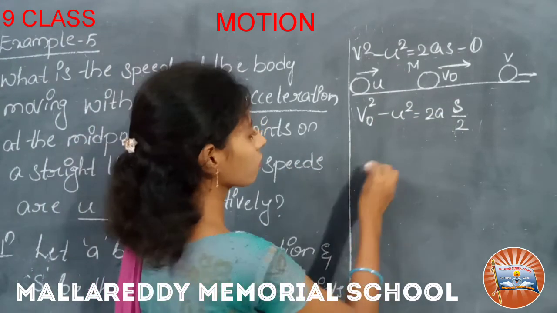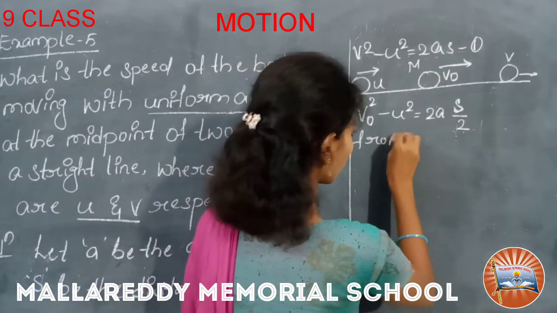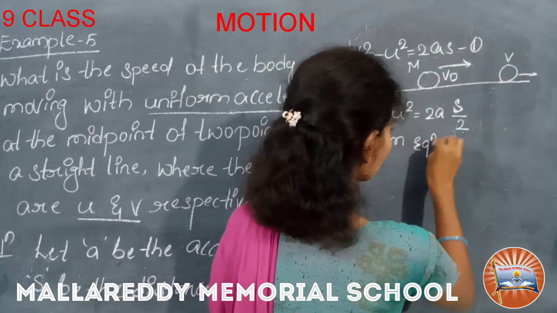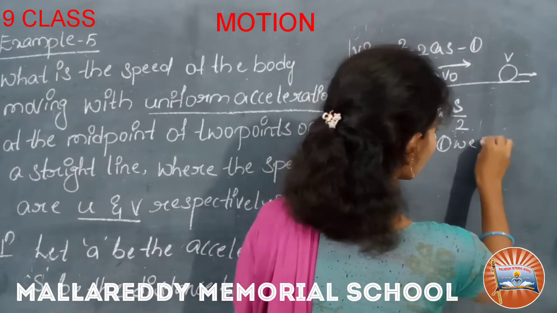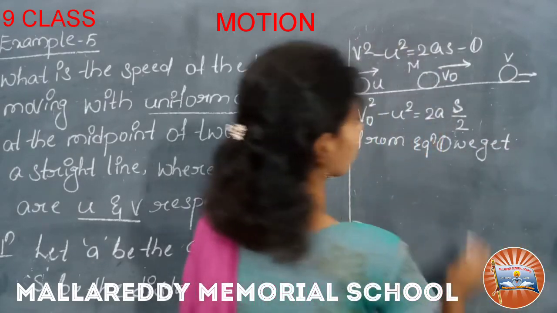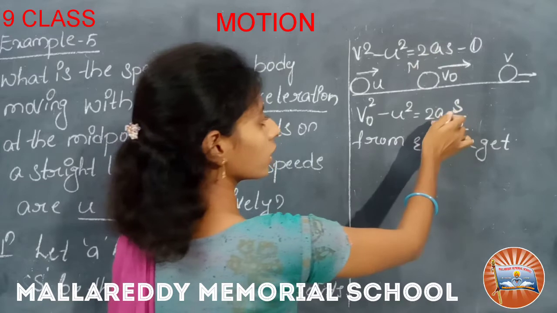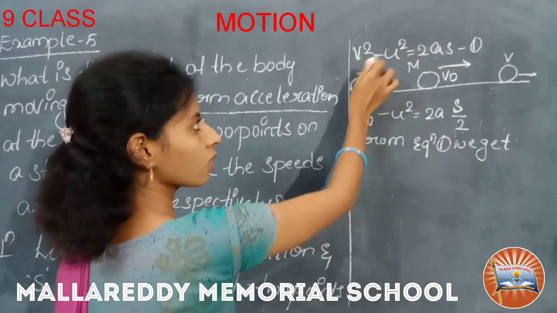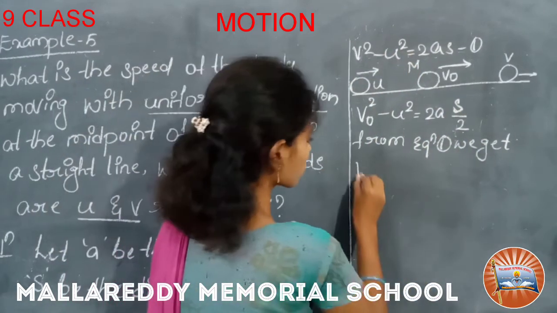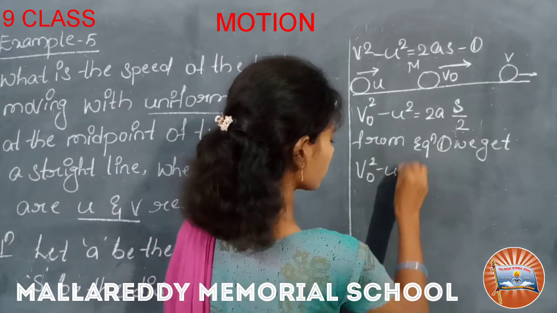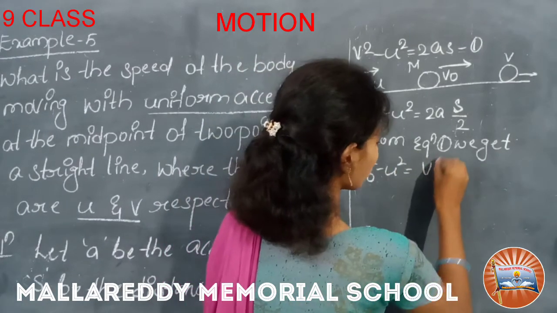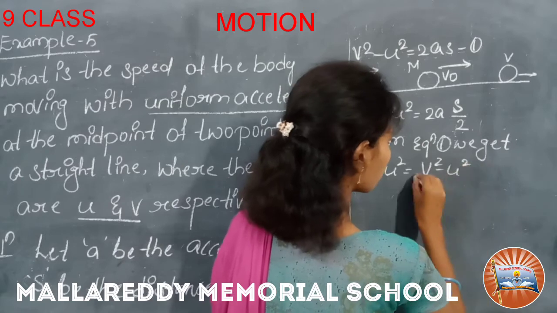So what is equation 1? From equation 1 we get, now here 2as is there, no? So in the place of 2as, substitute the v square minus u square value. So v naught square minus u square equals v square minus u square by 2.